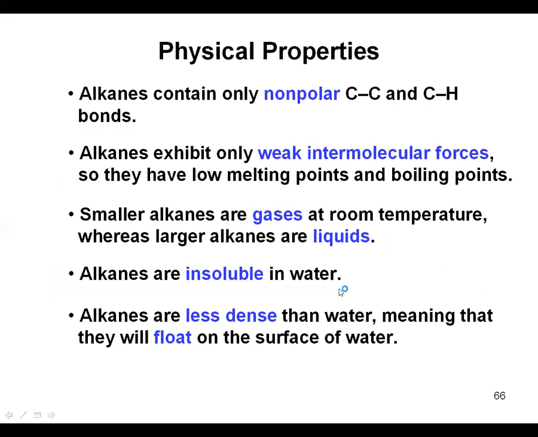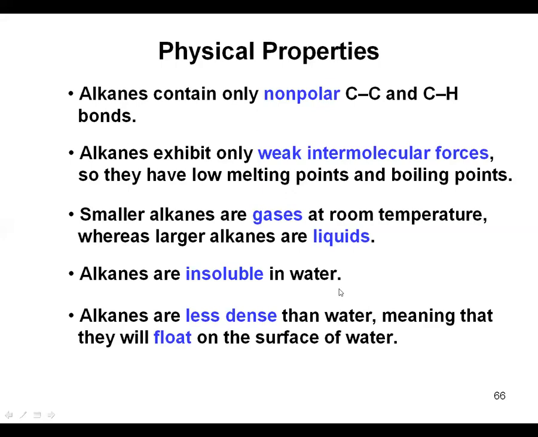So the weaker the intermolecular force, the lower the melting point and boiling point you'll have for these organic compounds. And as we talked about a little bit earlier as well, when you get some different functional groups in there, perhaps an OH group in an alcohol, that significantly raises the boiling points and melting points of those compared to something like an alkane.